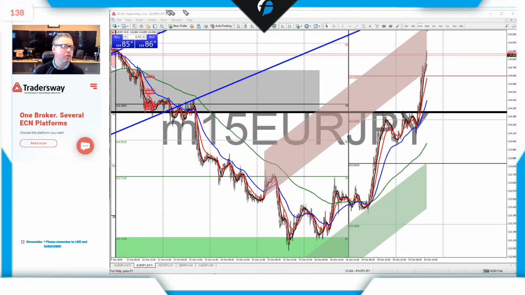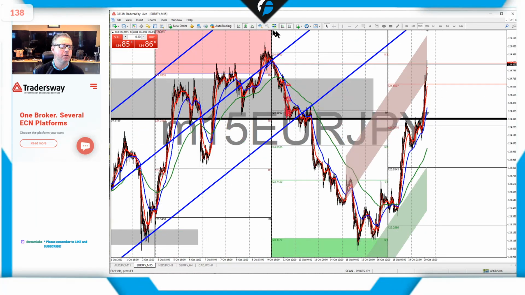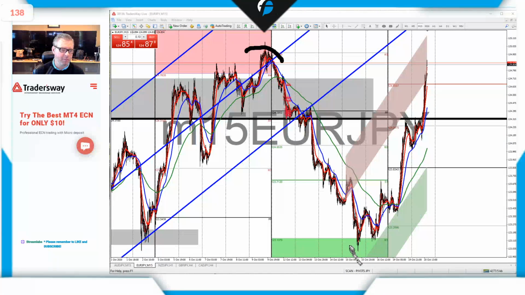And the cool thing, of course, is the entry is here, which is the opposite and equal. Here's your Friday reversal. M3 predicts M1, and here's your Friday reversal. It's just beautiful.